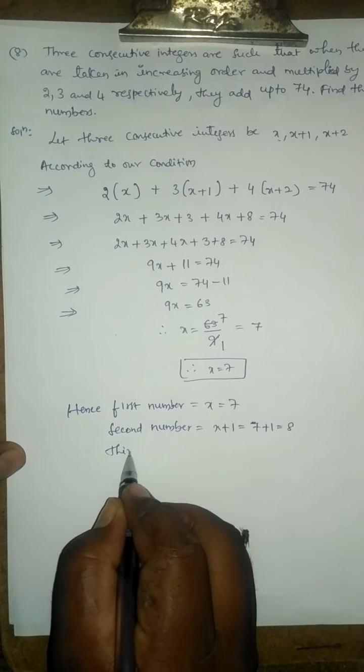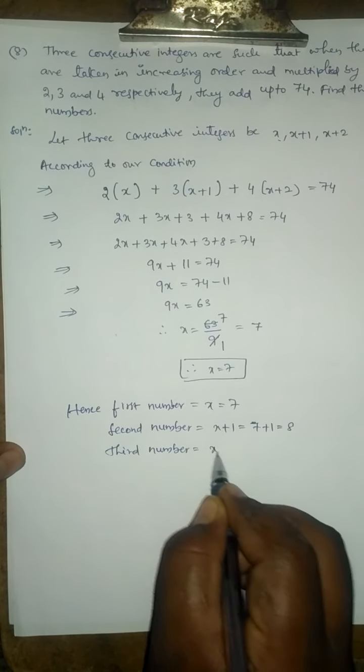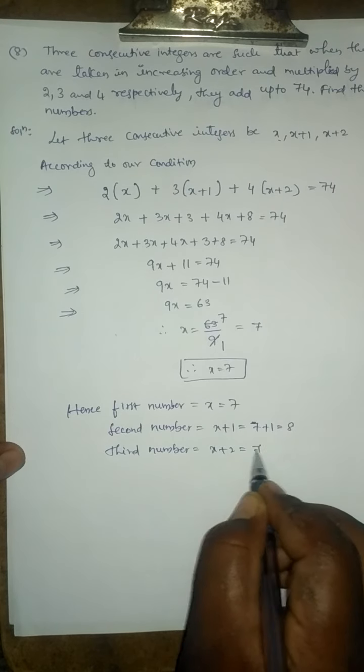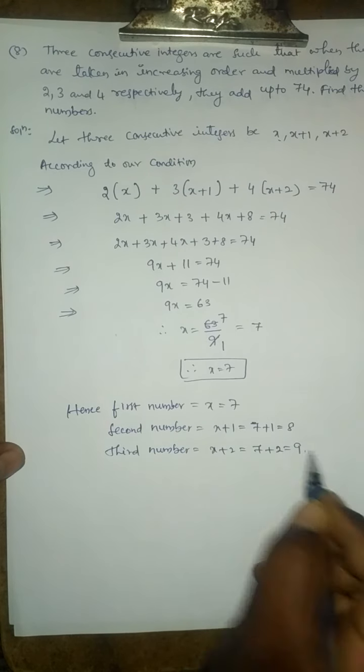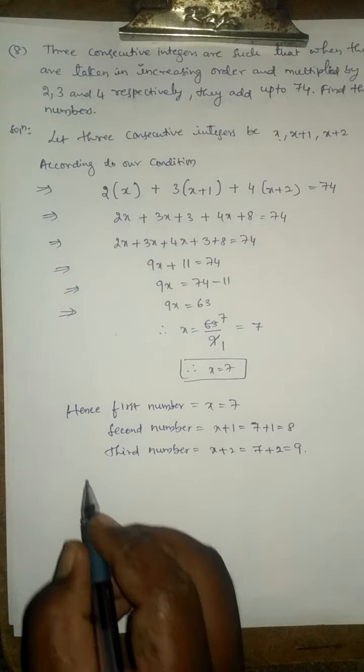Third number, that is x plus 2, that is 7 plus 2, that is equal to 9. So according to this condition, 3 consecutive numbers are 7, 8 and 9.